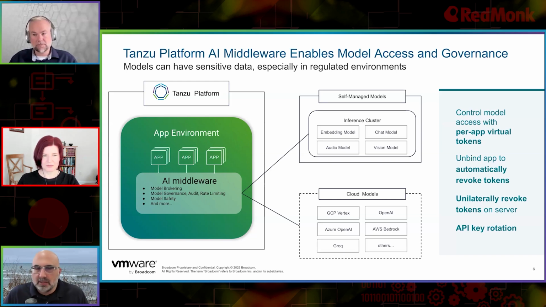So we find that this type of middleware makes it possible to safely allow people to self-serve. You can think about it as, instead of the applications directly speaking to the model, the applications go through the middleware layer to talk to the models.